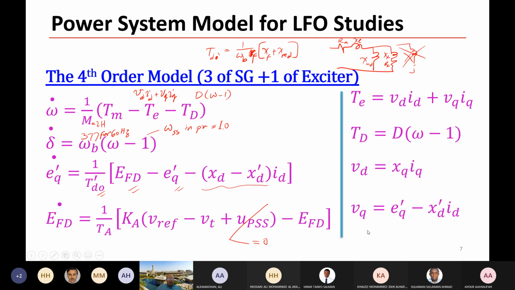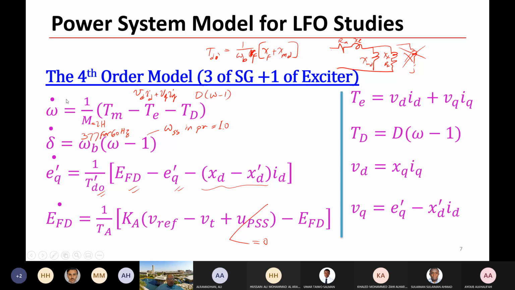In principle, if you are given the initial condition for this system, if you know the initial value of TE, VD, ID, VQ, IQ, EFD initial value, EQ initial value, delta initial value, the omega initial value.